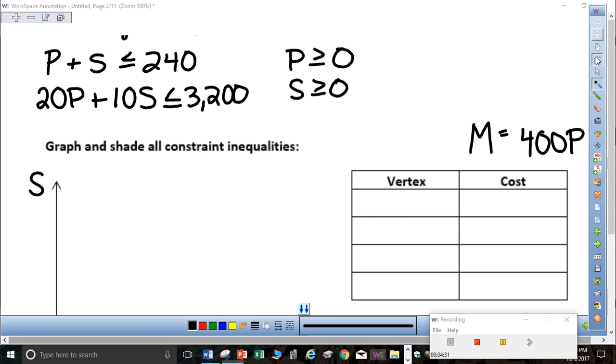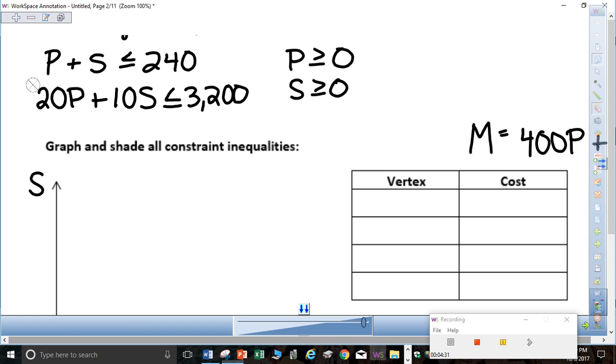So let's look at our first inequality. We're going to think about the boundary line equation, which would really be P plus S equals 240. I'm going to do the intercept method. So if you cover up S, if S is 0, the P intercept is 240. If you cover up P, representing when P is 0, the S-intercept is also 240.